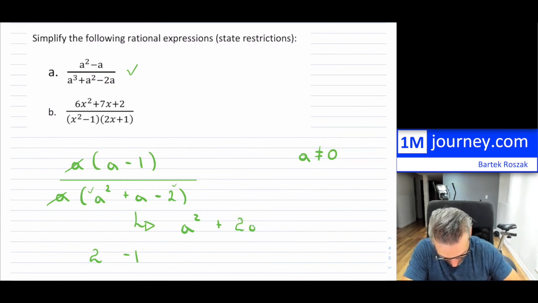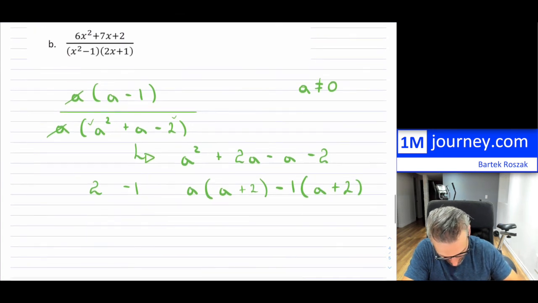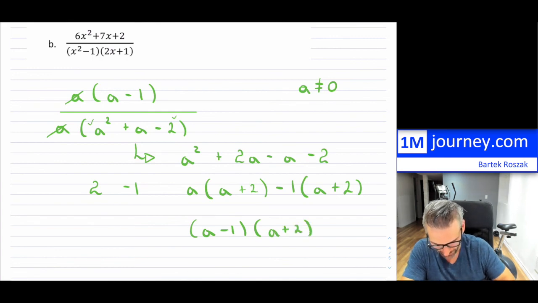Let's put that in here. Now if I decompose this, let me take out the a, it's going to give me a plus 2, take out the negative 1, and that's going to give me a plus 2. So in factored form, that denominator is a minus 1, a plus 2.